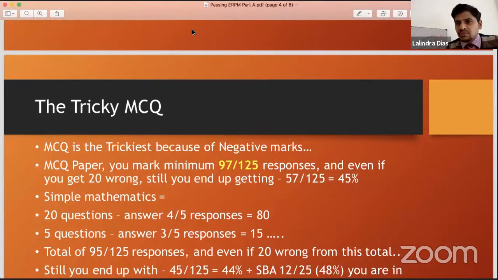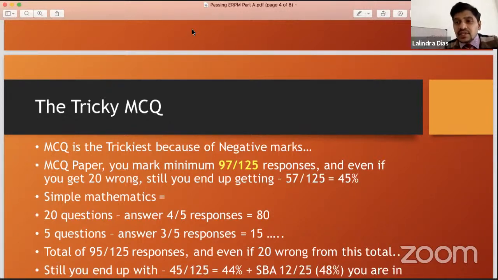Medicine, of course, he passed brilliantly; I think he got the highest marks. But in that one subject, he answered about 120 out of 125 in the MCQ paper. In the single best answer paper, he got about 68% or 70%. But still, guys, he answered 120 in the MCQ paper and he failed.